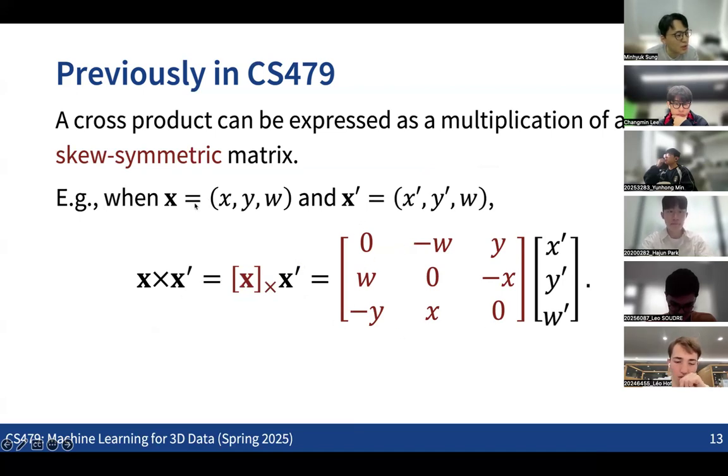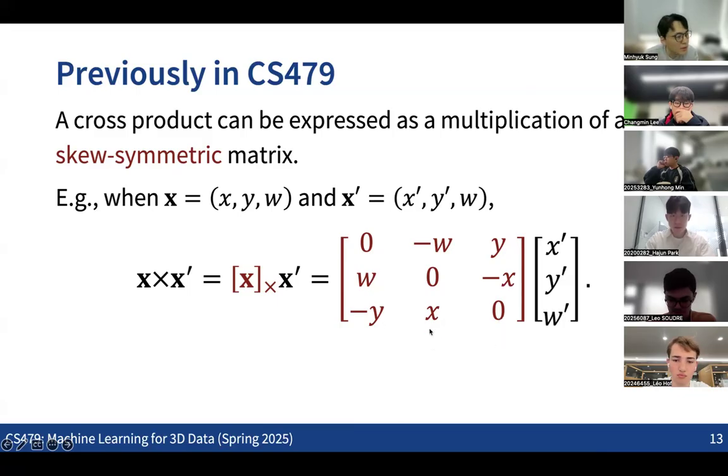So for the 2D point, which is represented with the three-dimensional vector with the homogeneous coordinate, if we define the skew symmetric matrix like this, then the cross product can be represented as a matrix-vector multiplication. So this is also what we have seen, right? It is called the skew symmetric matrix because the elements in the matrix are symmetric, except that the signs are different for the symmetric elements, right?